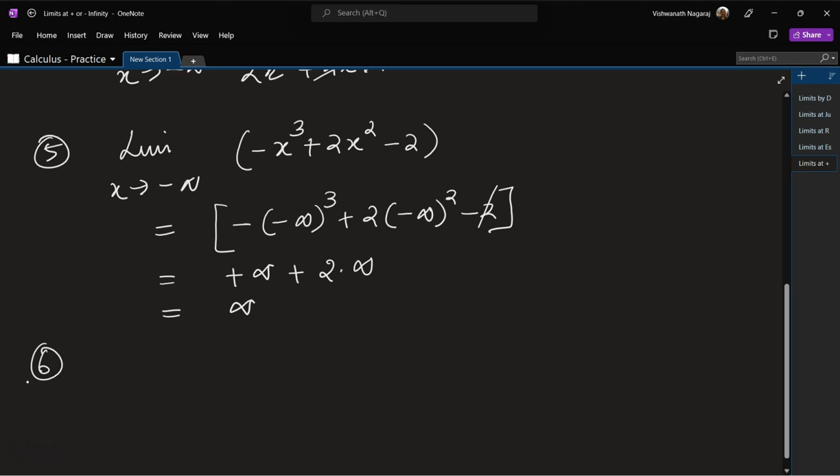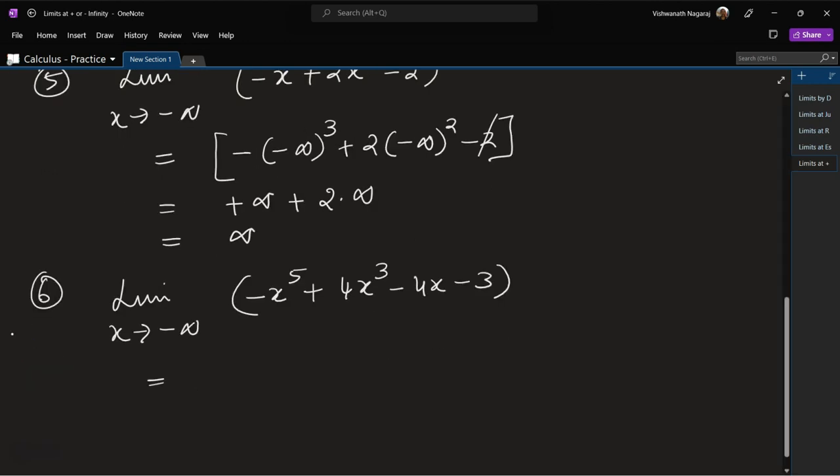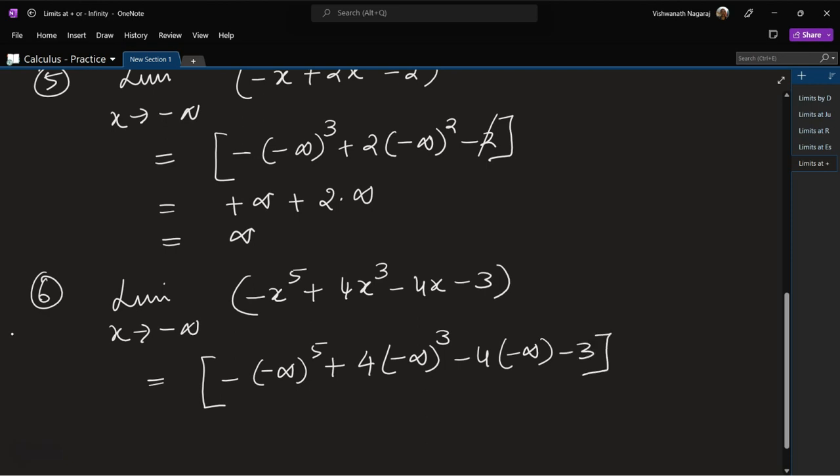Okay, sixth one, limit as x approaches minus infinity of minus x to the power of 5 plus 4x cube minus 4x minus 3. So again you have to be very careful. Minus minus infinity to the power 5 plus 4 times minus infinity cube minus 4 times minus infinity minus 3. This 3 has no impact. Now to the power of 5, odd number, so this will be minus infinity.